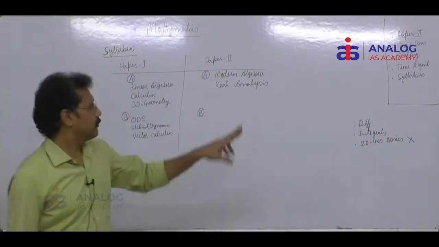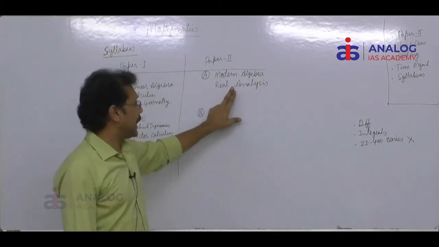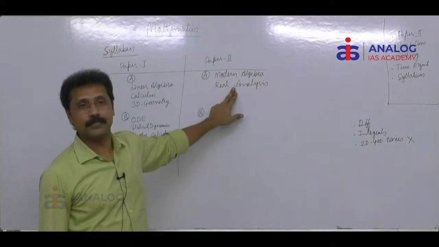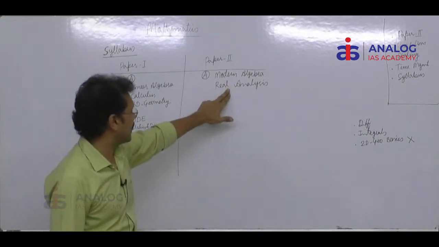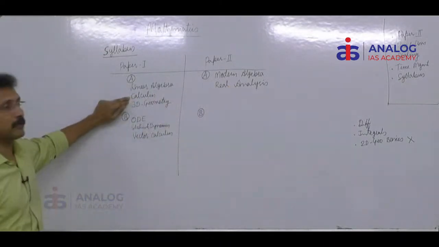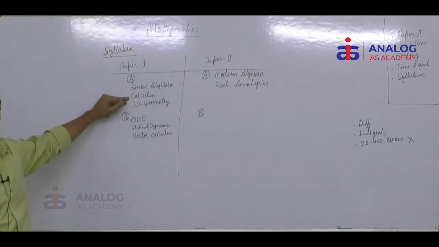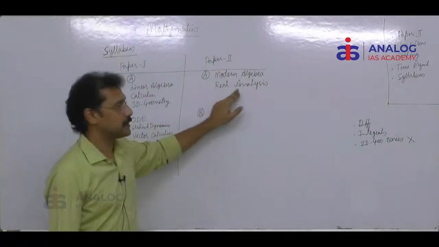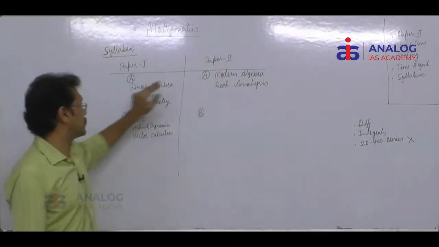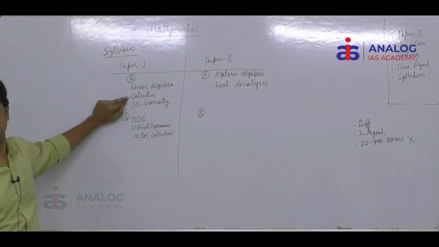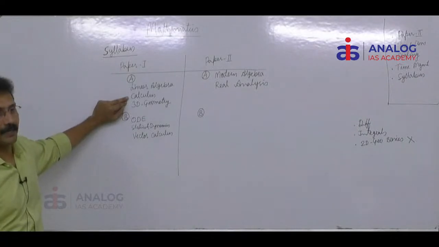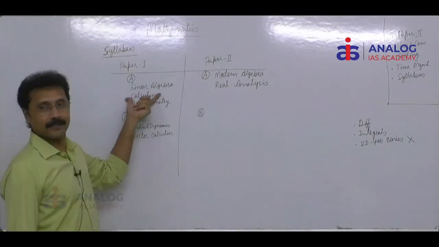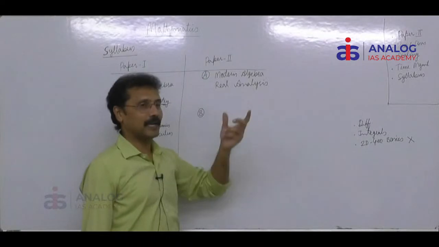Now, if you see this analysis, literally 80% of this real analysis is nothing but paper 1 calculus only. Even if you look at the syllabus, you can easily identify that. It also means that if you complete calculus here, 80% of real analysis is already done.